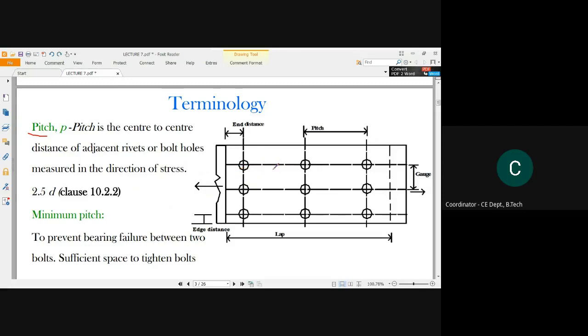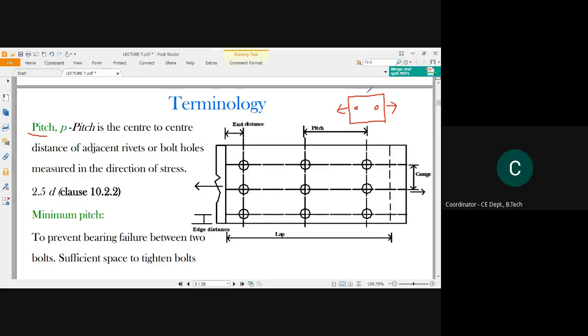What happens? See, say this is a part of a paper. If you punch a hole at this point and at this point, what happens if you try to pull this paper in this direction? The tear or the rupture will occur in a longer time.